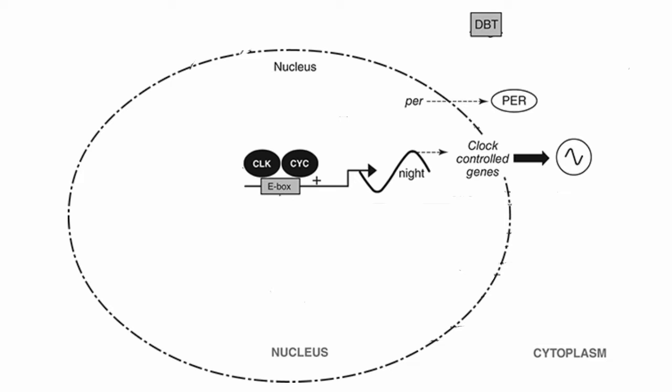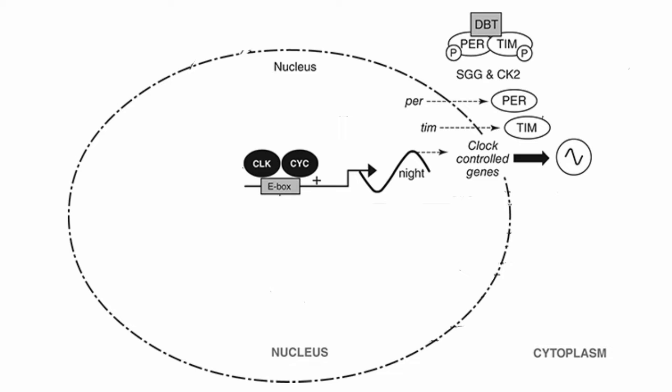Lots are made, and right away, lots of it is degraded. Clock and Cycle are also producing the timeless mRNA, which produces the tim protein. Now, what's special about this is that tim saves per from degradation.